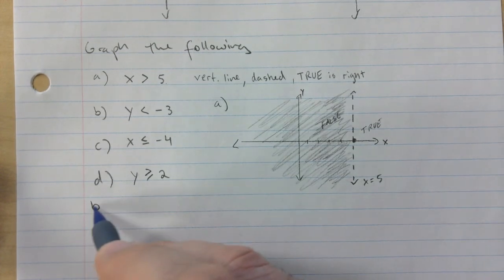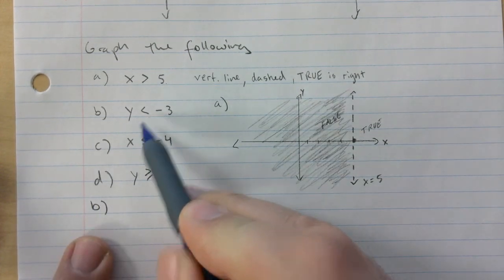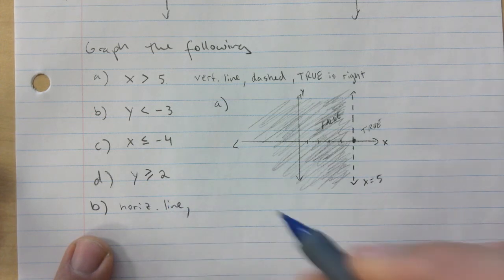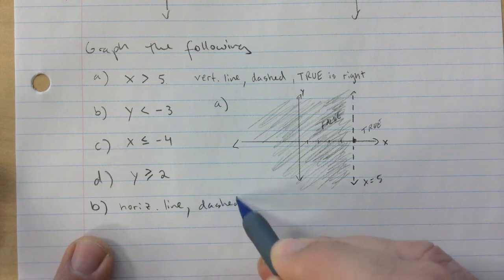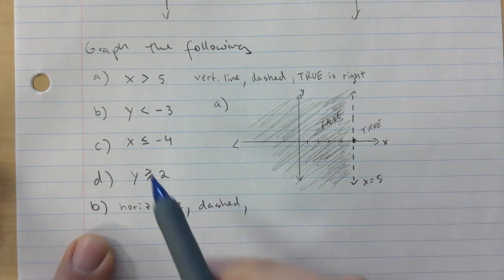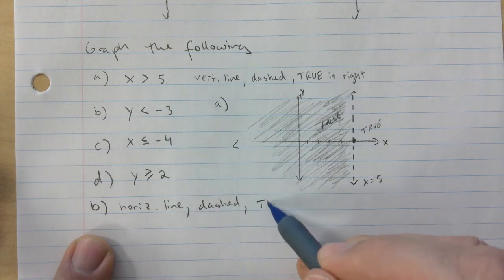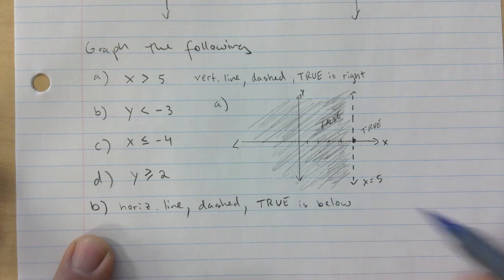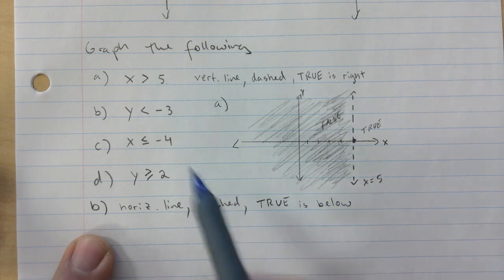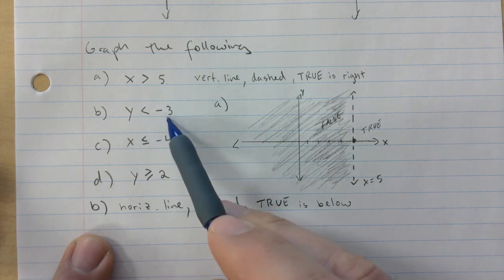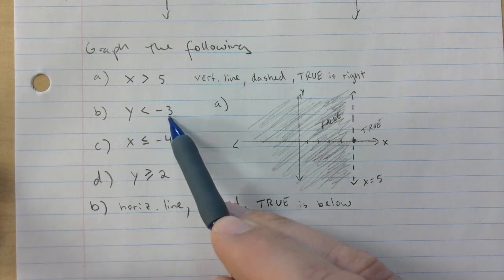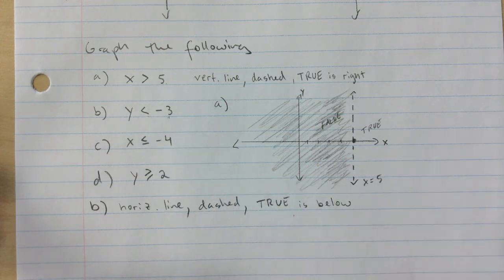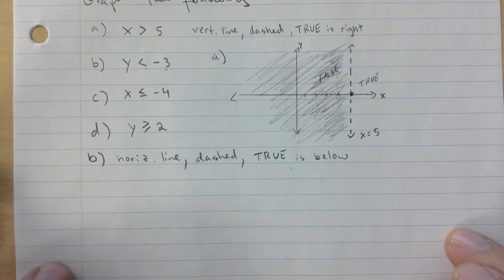For B, let's look at it. We know that that's a horizontal line. We know that it's dashed as well. And it's less than, so true is below. Right? So horizontal line because it's only y, and it's going to go through -3. And because y is less than, we know that the true region is going to be below the line. So let's give that one a try.